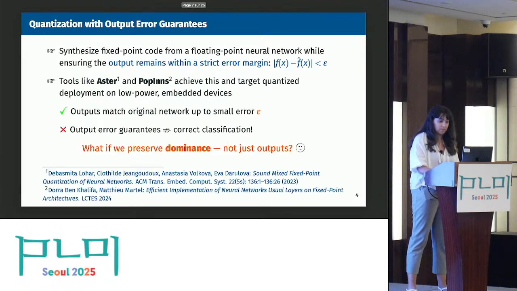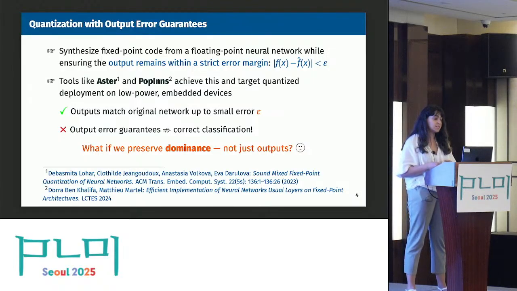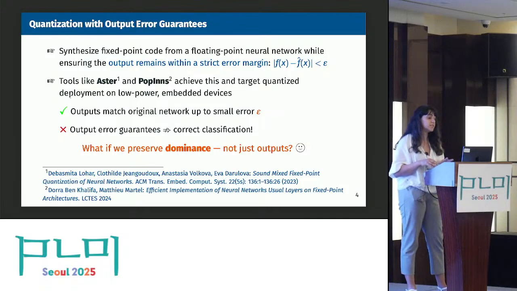Generally, in the literature, the state-of-the-art models that do quantization do it based on an error guarantee that they give on the output model.